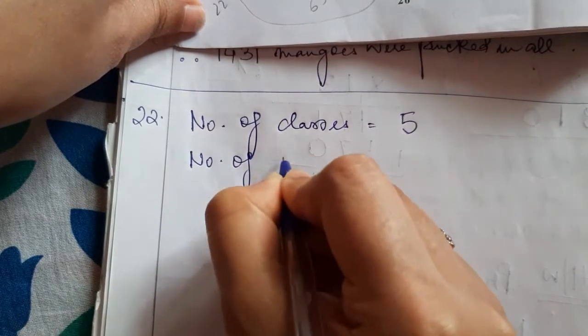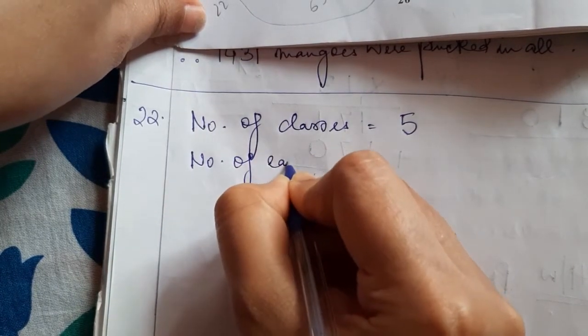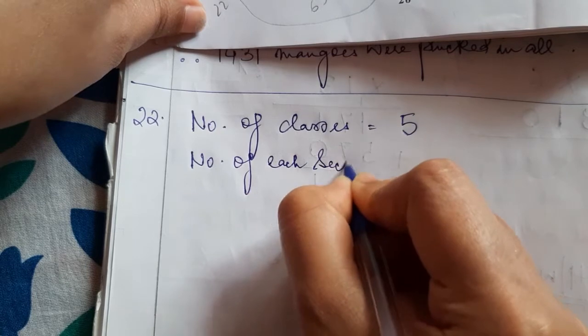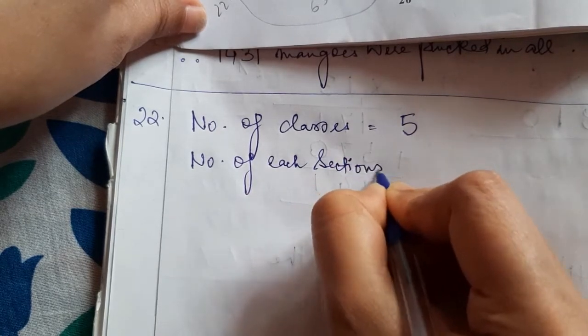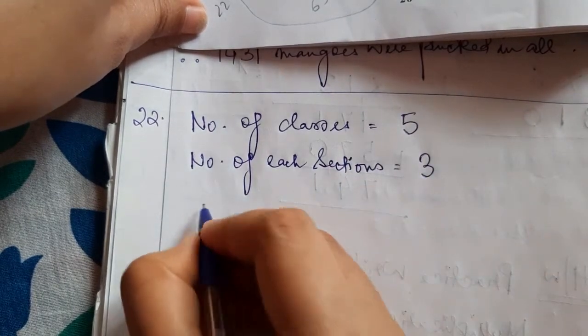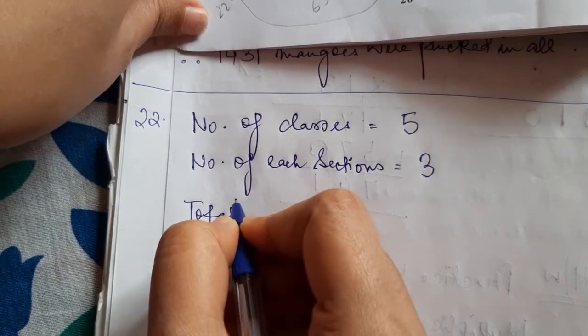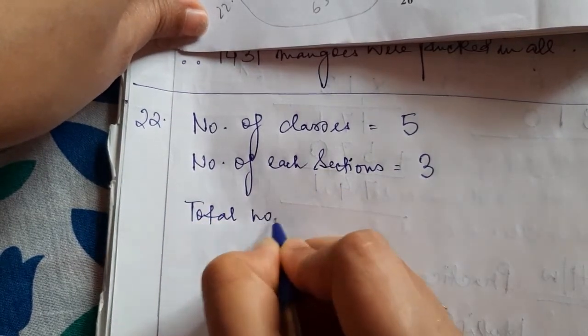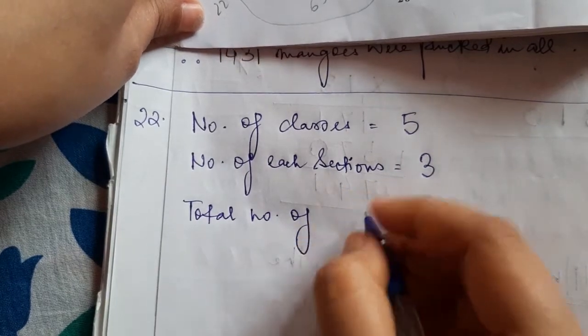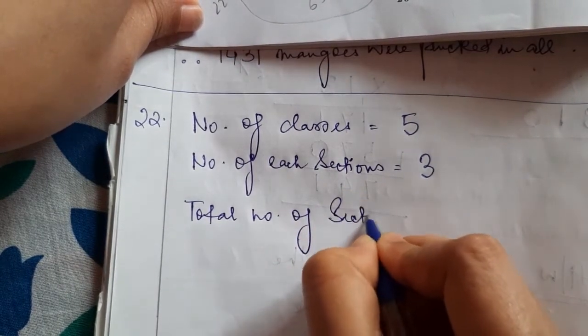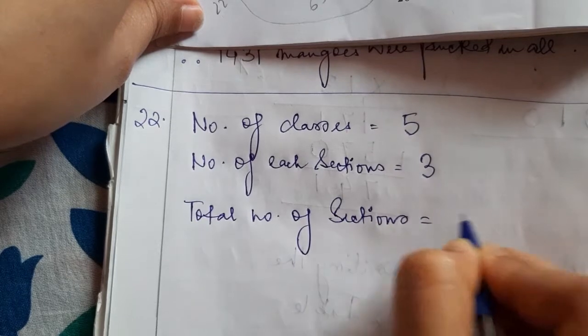Number of sections in each class is equal to 3. Then total number of sections, what will be the answer?